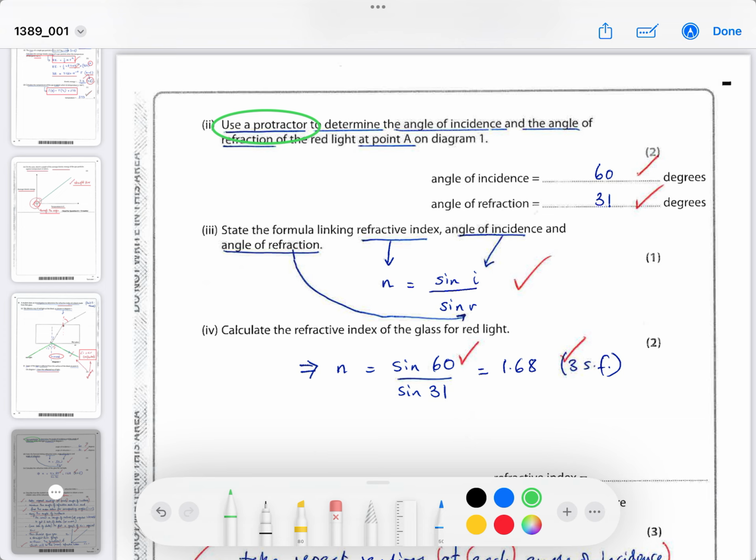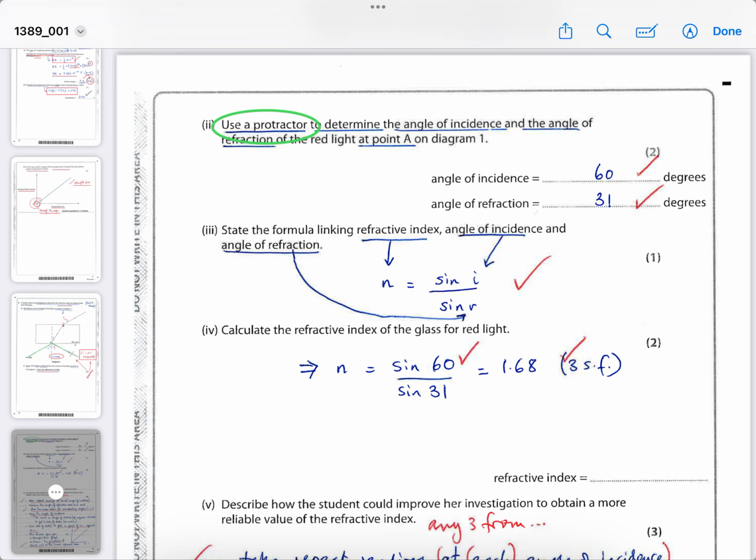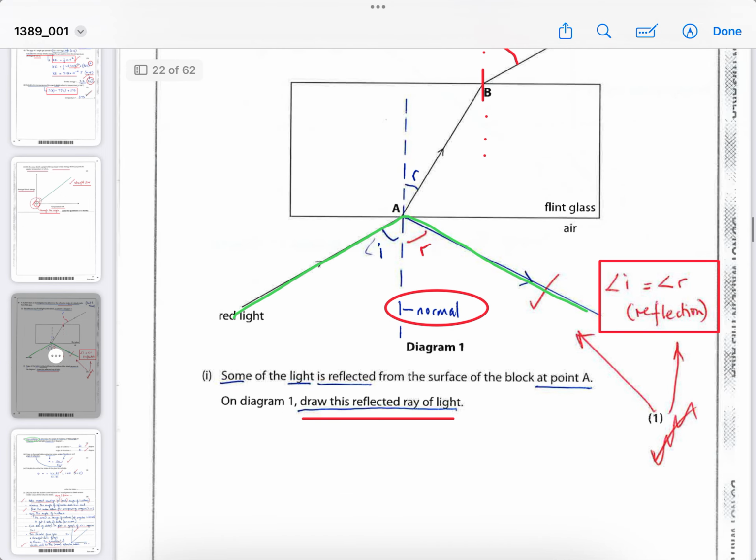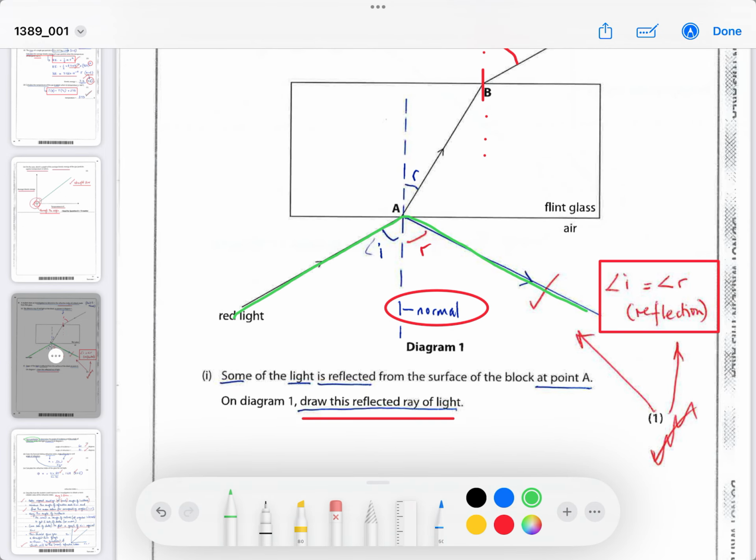Well, it's time to make sure you do before your exam. One angle should be about 60 degrees and the other should be about 31 degrees.